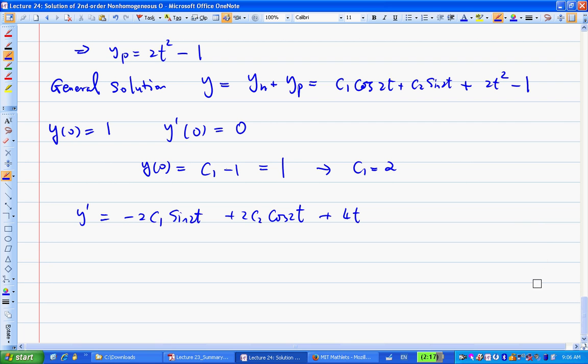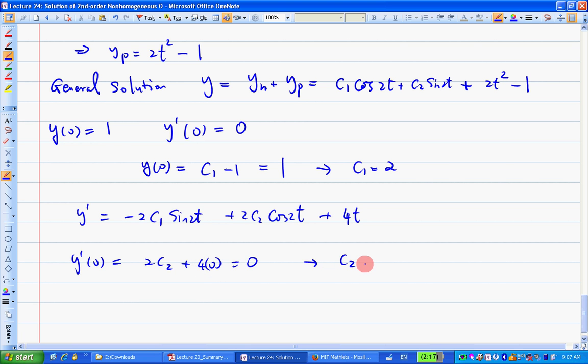Sometimes I pick these integrals purposely to be very simple ones, because sometimes you probably have trouble with very complicated ones. So for this one, y prime at 0, plugging 0 in here: the first term is 0, the second term is 1, so 2c2 plus 4 times 0 equals 0.